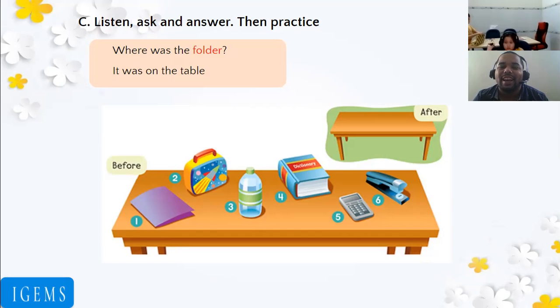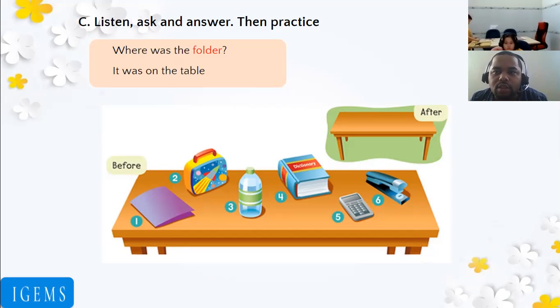Then it was on the table, all right? And where was the lunchbox? I mean the lunchbox was on the table and the bottle of water was on the table.